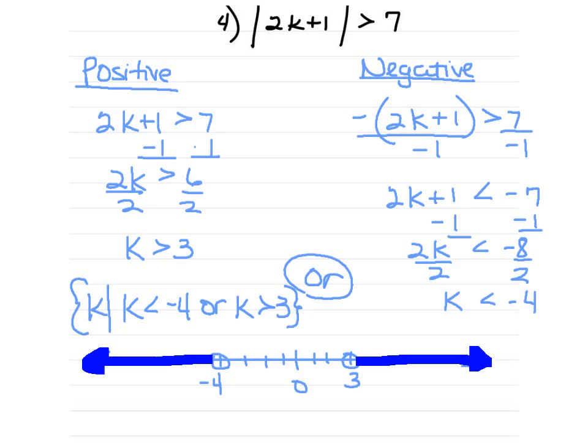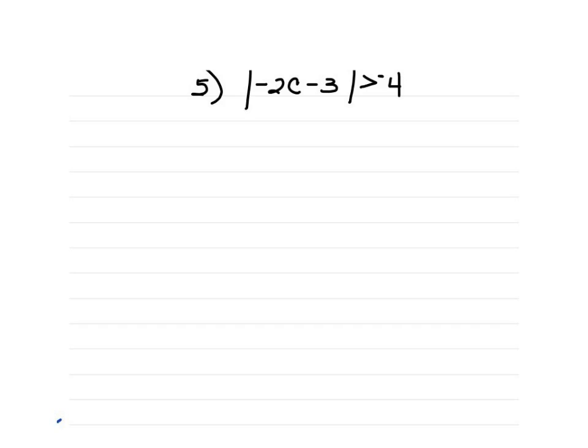Okay, let's go on to number 5. Copy it down. The absolute value of negative 2c minus 3 is greater than negative 4. Okay, because this is a greater than negative 4, there are positive numbers that are greater than negative 4.